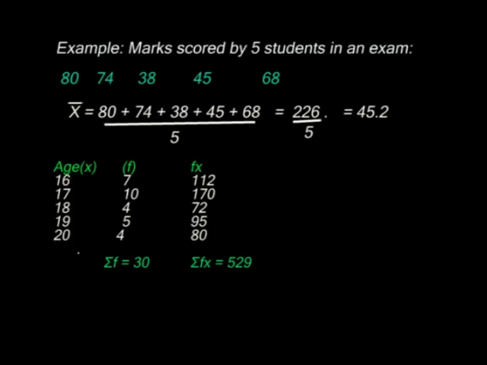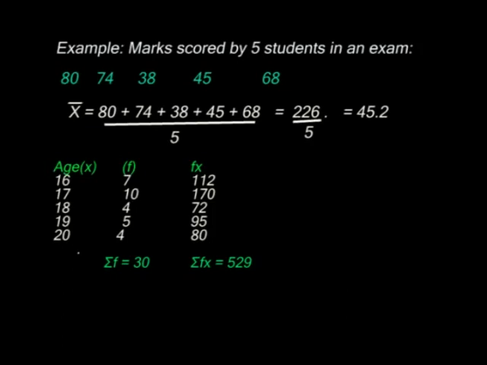We make a frequency table, and we shall introduce another column we call fx, and fx is found by simply multiplying x, which is the age, times the number of students in that respective age, which is the frequency. For example, for the age of 16, we multiply 16 times 7, we get 112. 17 times 10 is 170, all the way to 20 times 4, we get 80.